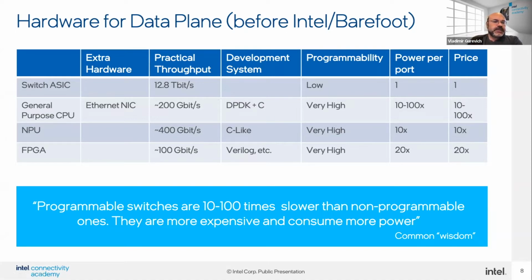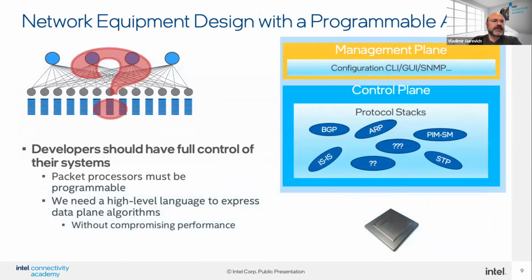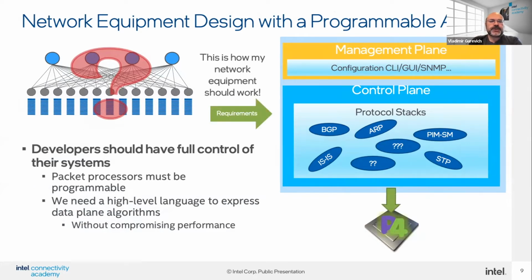And what we decided to do, and I come from a former startup called Barefoot Networks, we figured out that this is not the right thing, that the developers should have full control of their systems, and they should be able to process packets the way they want at the same speeds that can be achieved using fixed function components. And so that led to the design of the P4 language, and also the programmable ASIC, the first programmable switching ASIC called Tofino, which supports that language.